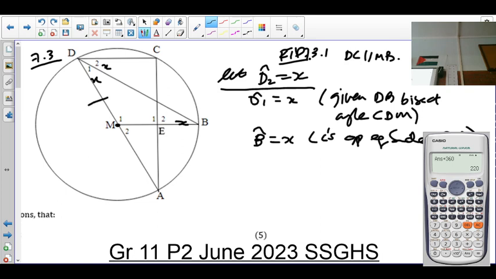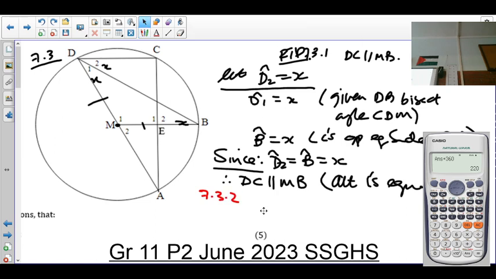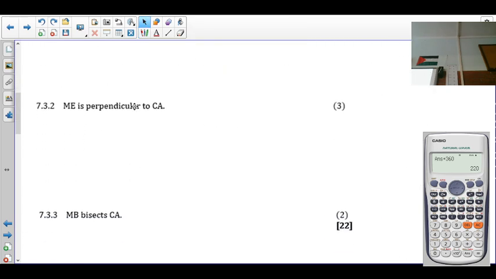So now we state the obvious: since D2 is equal to angle B, which is equal to X, therefore DC is parallel to MB. Why? Because alternate angles are equal. So let's look at question 7.3.2.